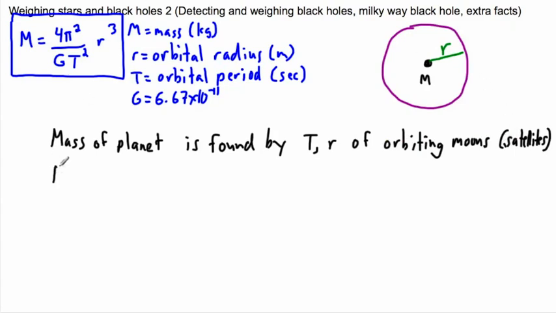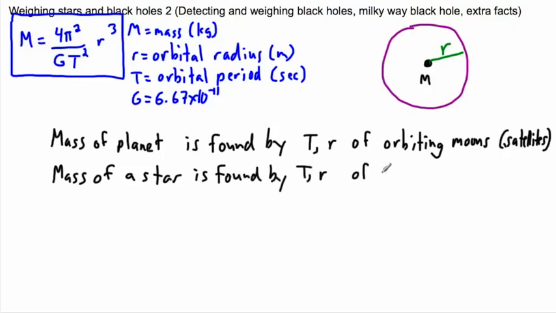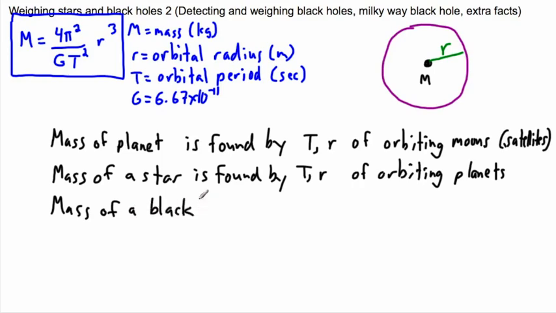You can also tell the mass of a star. That's what we just did before. It is found by the period and orbital radius of orbiting planets. And that's what we just looked at. And it turns out you can go further. You can figure out the mass of what we're going to call a black hole.